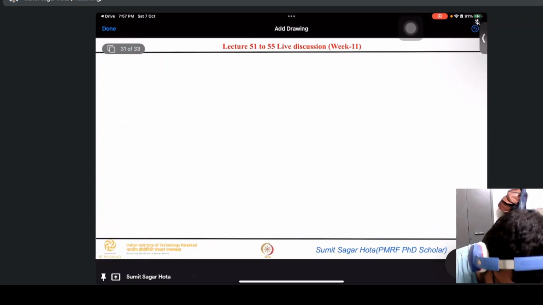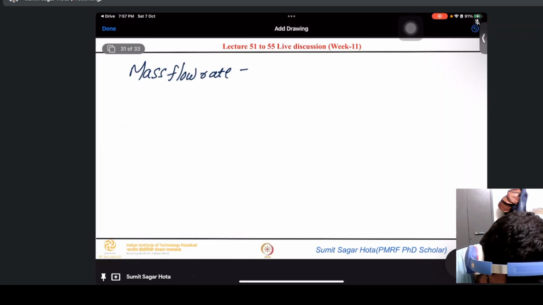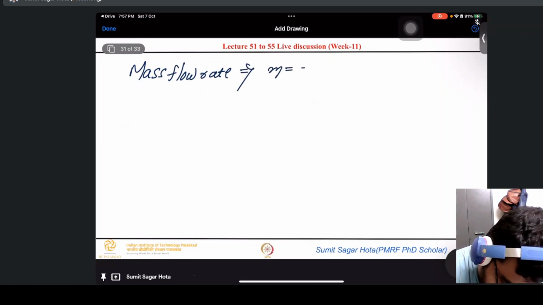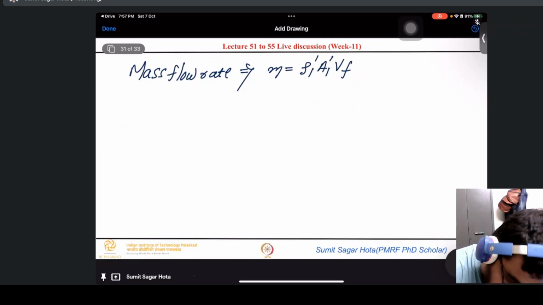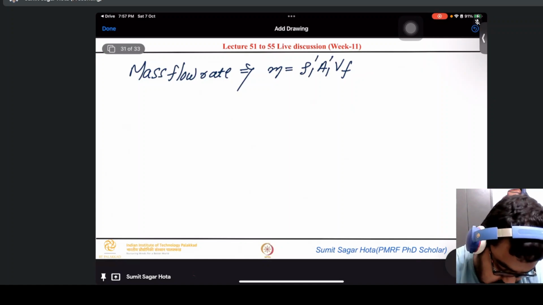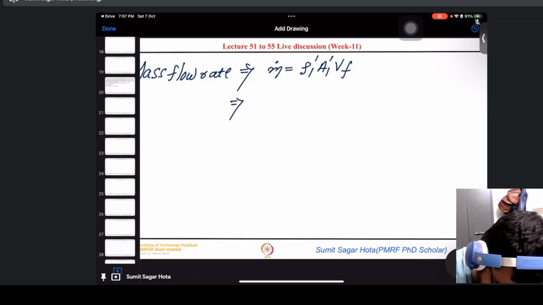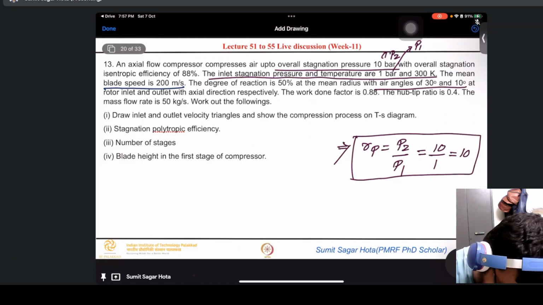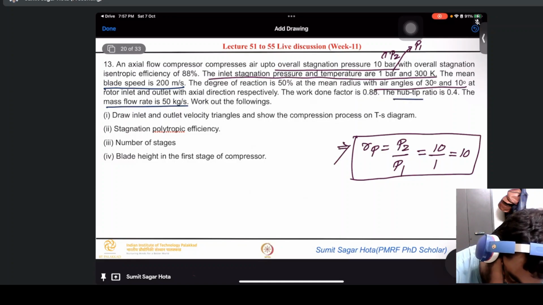So what is the mass flow rate formula? Rho 1 A1 BF, that is rho 1 dash A1 dash BF. The mass flow rate is given in the question, 50 kg per second, and the hub tip ratio is 0.4 given.